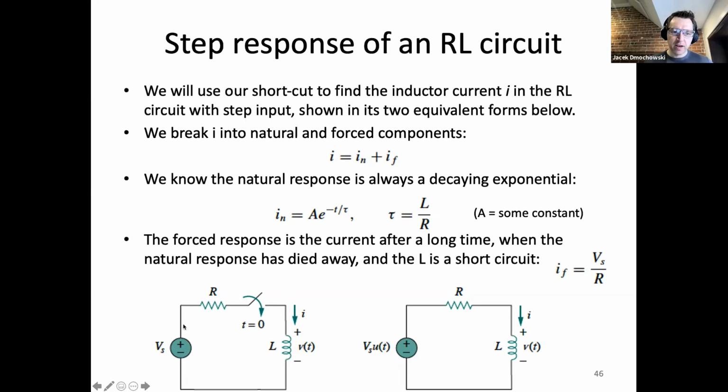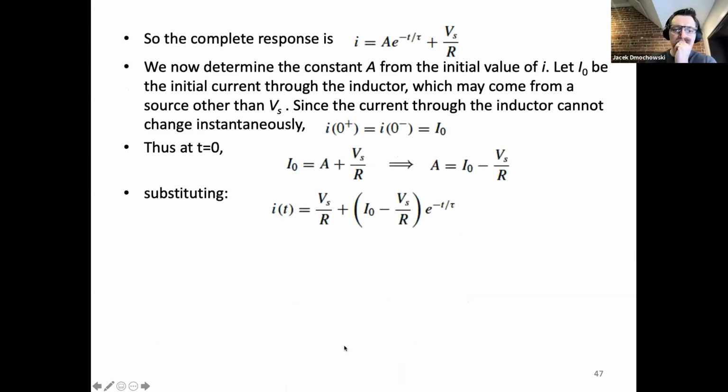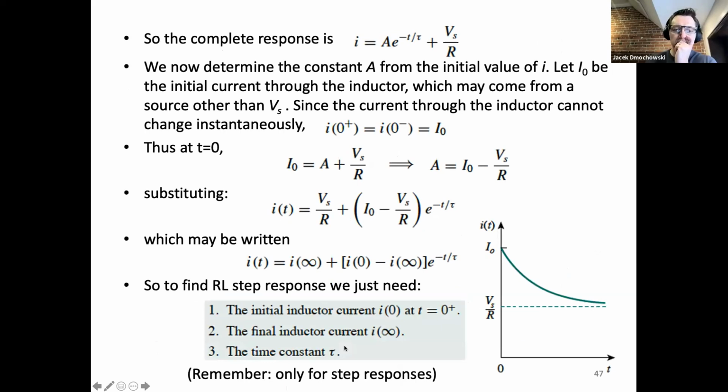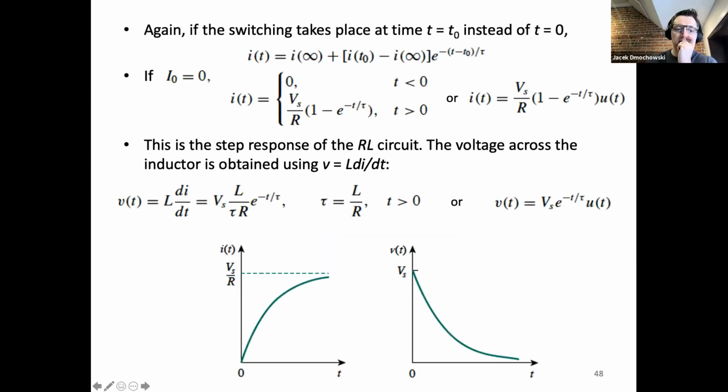So whereas the current starts out at 0 and ends up at Vs over R, the voltage starts out at Vs and decays down to 0. Okay, so that hopefully gives you a little bit of an intuition as to what's happening in an RL circuit. It's just really the derivative of that. If you differentiate this curve, you'll get something that looks just like this.